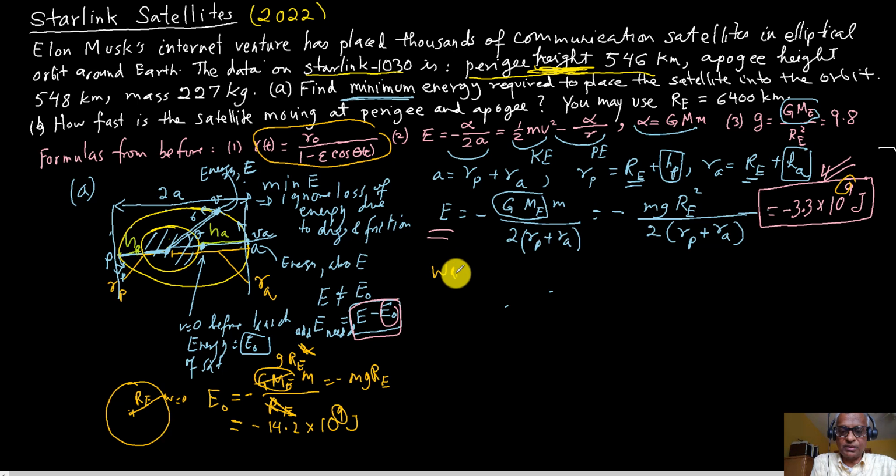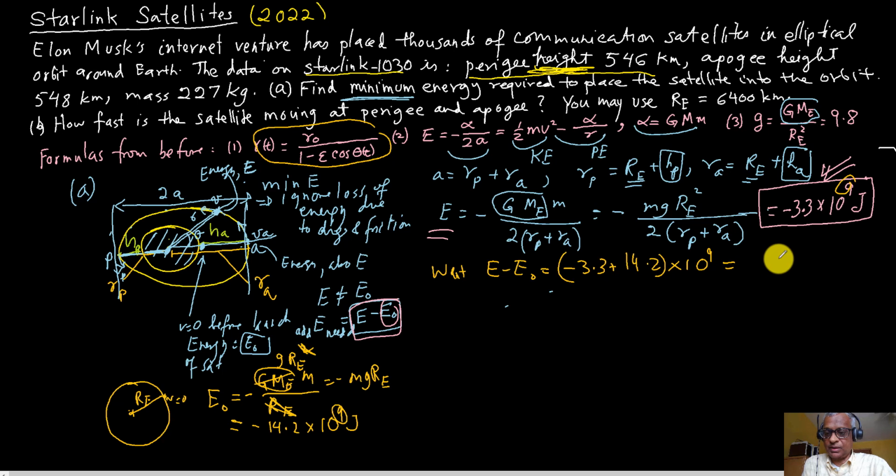So what I want is E minus E0, and this is minus 3.3, everything times 10 to the power 9, and flip the sign, it becomes 14.2, and so this is 10.9 times 10 to the power 9 joules.